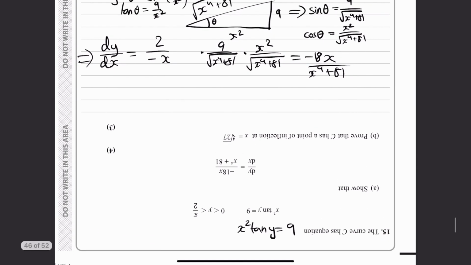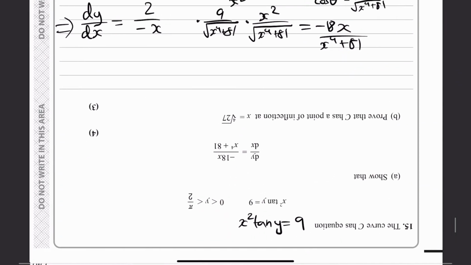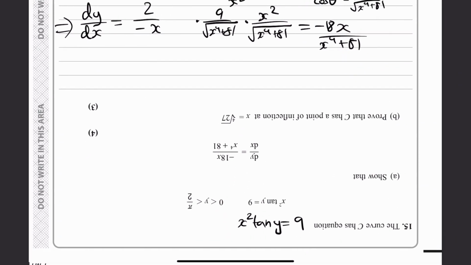And then finally, prove that C has a point of inflection at x equals that. So you're working out dy by dx. Point of inflection basically just means second derivative is also equal to that. So let's work out the second derivative, d squared y over dx squared. This time I'll just use the quotient rule. I won't bother to simplify it because you don't need to, I just need to verify it.